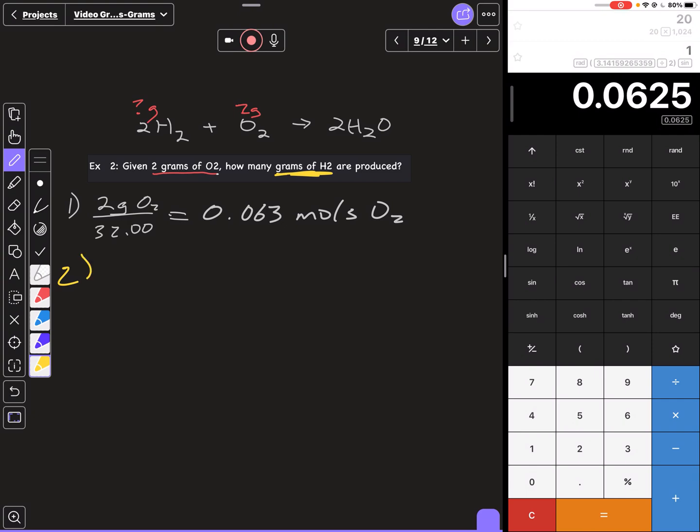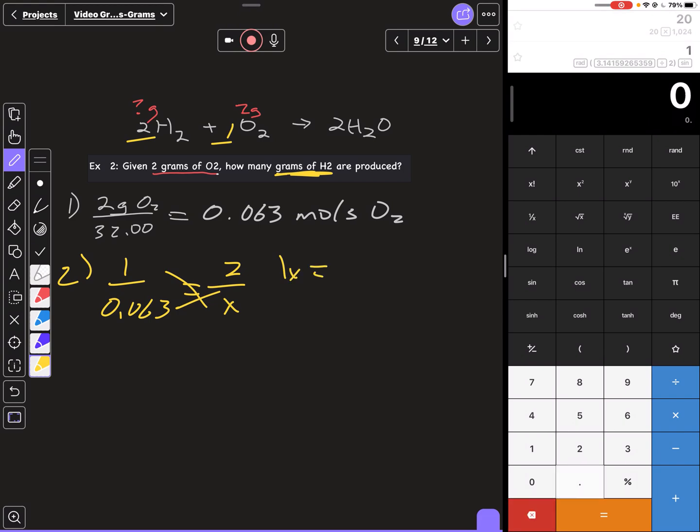The way I did that, for O2, the coefficient for O2 is a 1, so I put 1 over how many moles I actually have, which is 0.063, equals, I'm going to moles of H2, so the coefficient for our H2 is a 2, so I put 2 over X. And then I'm going to cross multiply, and I get 1X equals 0.126.